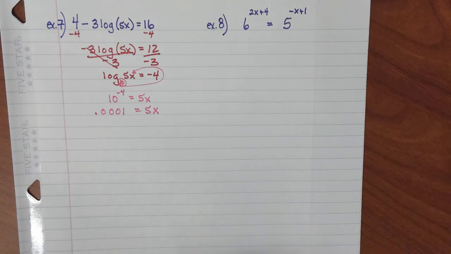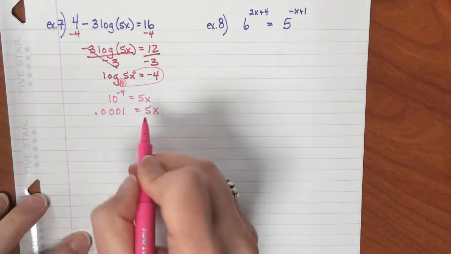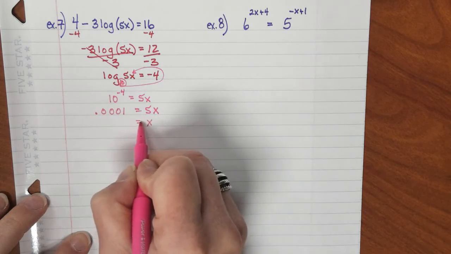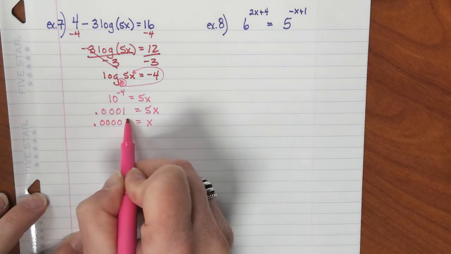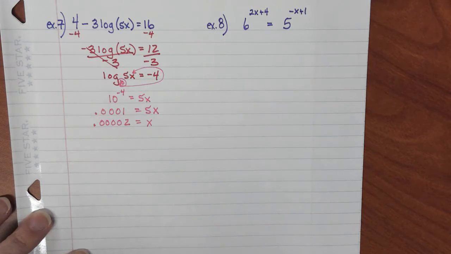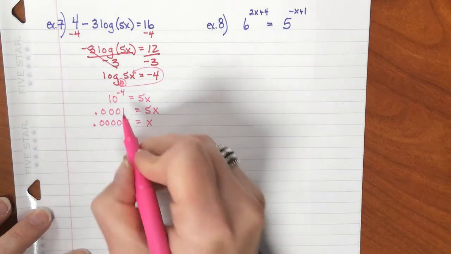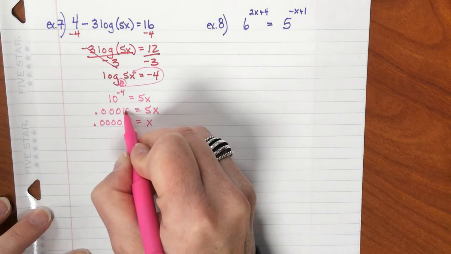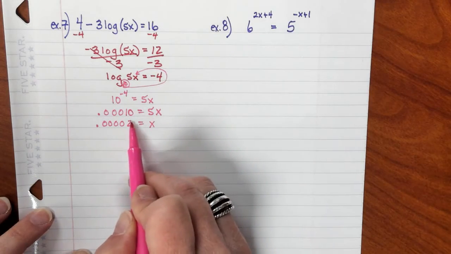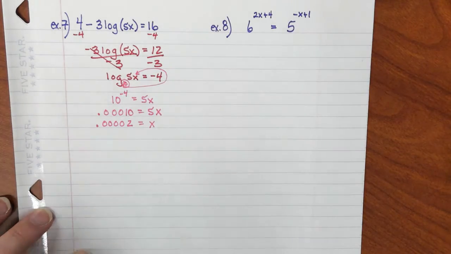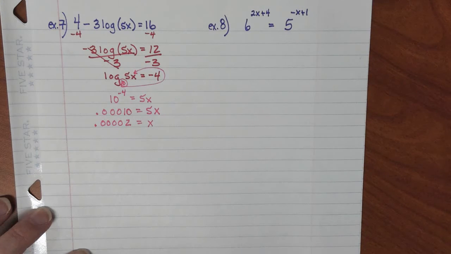And now divide that by 5, and I get 0.00002. If I add a 0 here, then if I divide that 10 by 5, I'm going to get 2. You have to add that 0 there. Okay?